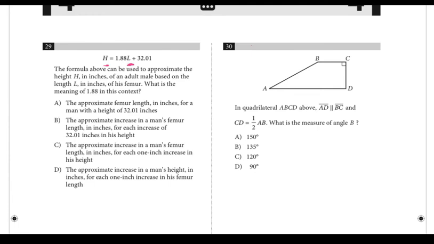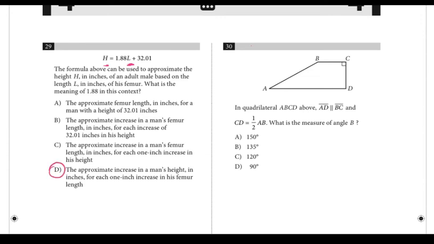So let's look at answer choice C. The approximate increase in a man's femur length in inches for each 1 inch increase in his height. That one's actually backwards, so it's probably answer choice D. The approximate increase in a man's height in inches for each 1 inch increase in his femur length. That's the correct answer. Let's explain a little further.